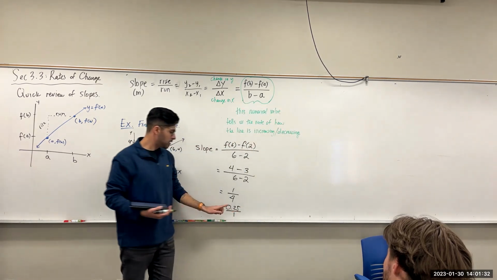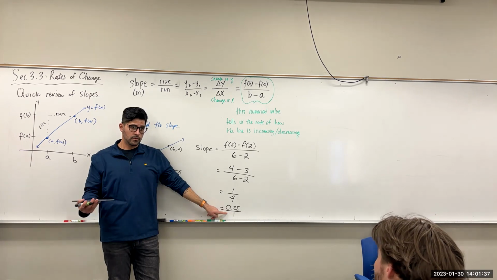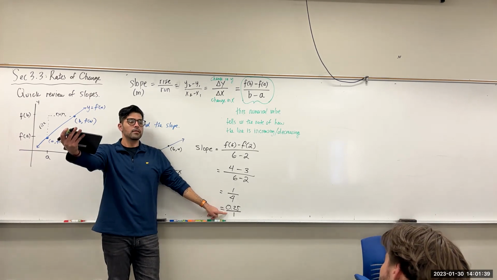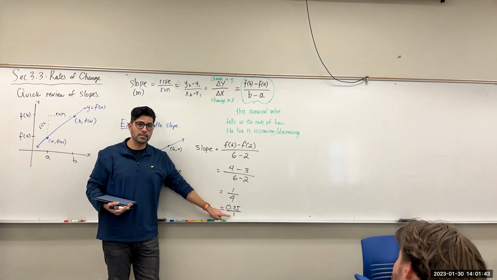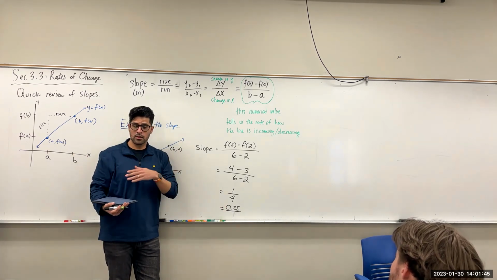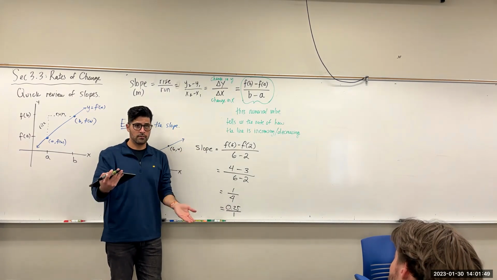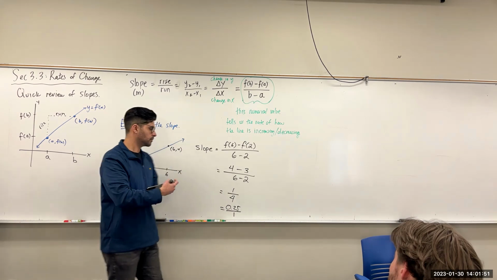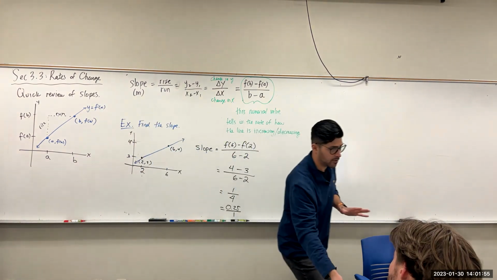Okay, or what does this tell me? Y will increase 0.25 units every time x increases by 1 unit. So there are two rates that really tell the same story, but in a different way. So that's the quick review of slope.